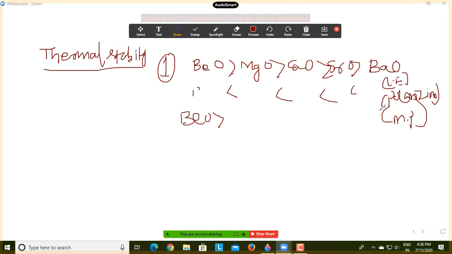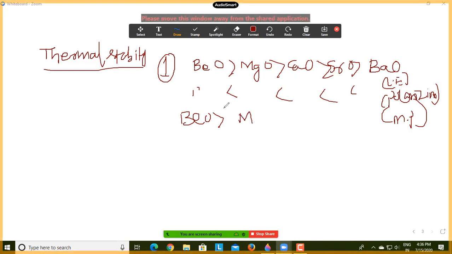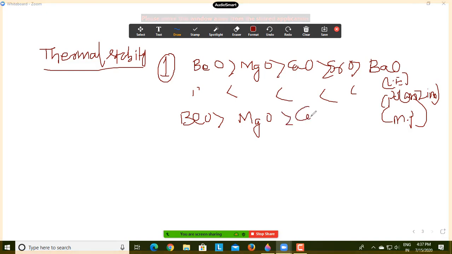It's coming in polarization order also, no? Polarization order is reverse. Lattice energy is more. Polarization of beryllium oxide is also more, na? Smaller size of cation. Tell me. Yes, sir. First Mg, then Be. Yes, sir.